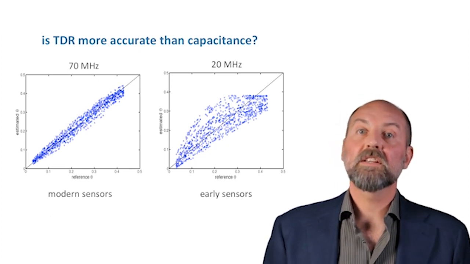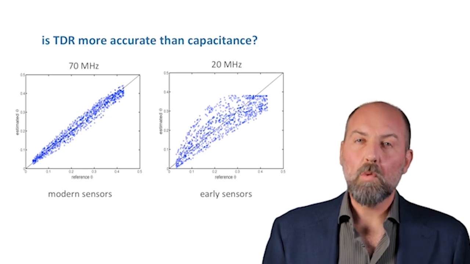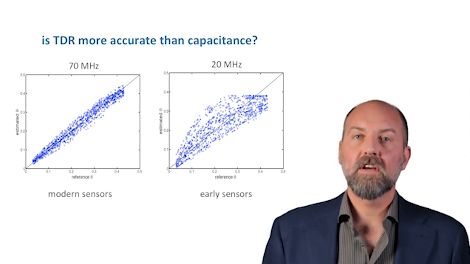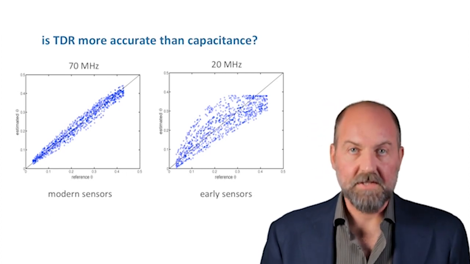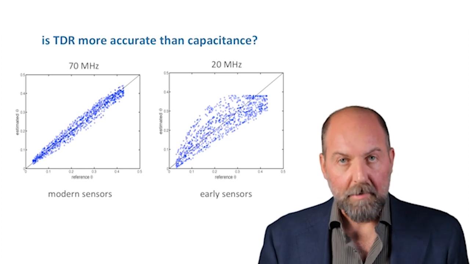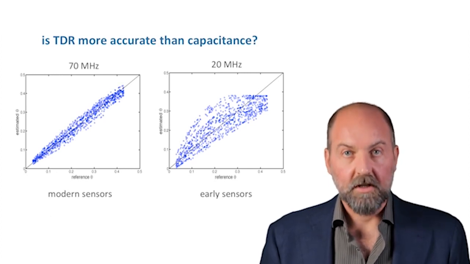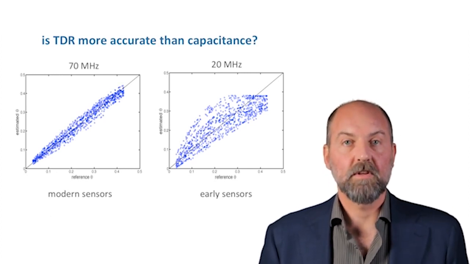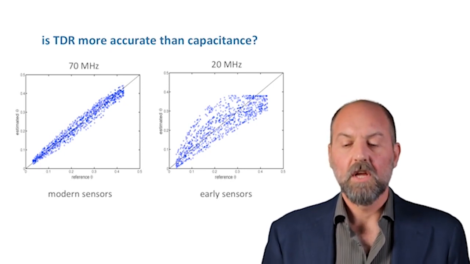On the other hand, the TDR technology seems to cope little with the texture variability, and so it depends on the specific applications. But it is important to remember that capacitance sensors have evolved a great deal since the beginning of this technology, which was about 20 years ago.